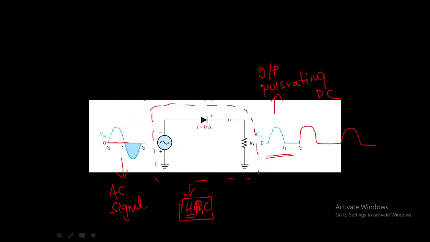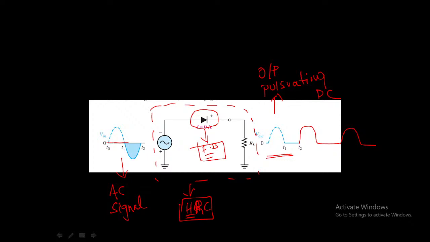Now let us see how this circuit behaves. We have a diode, and it is forward biased when the voltage is high.